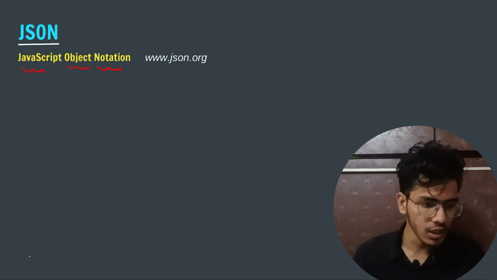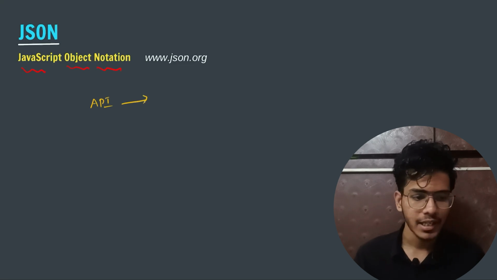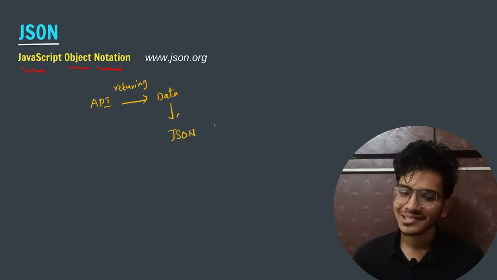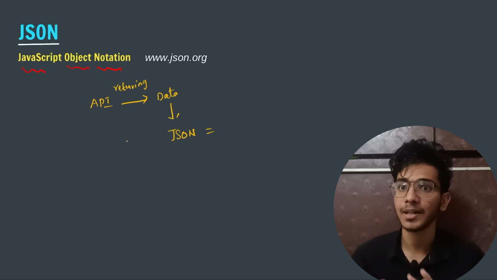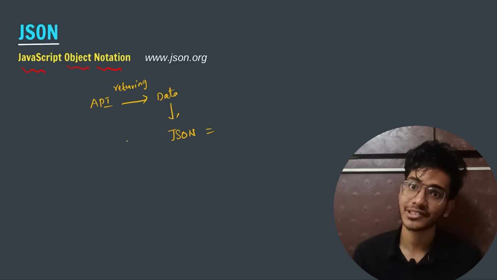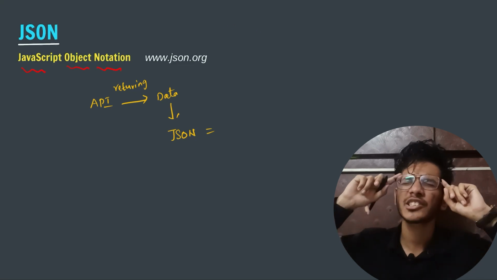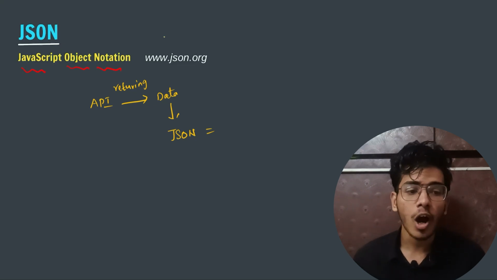Let's say I am calling an API, and this API returns me some data in the form of JSON. JSON is similar to a JavaScript object, but it is not entirely a JavaScript object. What I mean by that is, we have studied object literals in JavaScript, I think in part 5 or part 6, I don't know exactly, but we have talked about object literals.